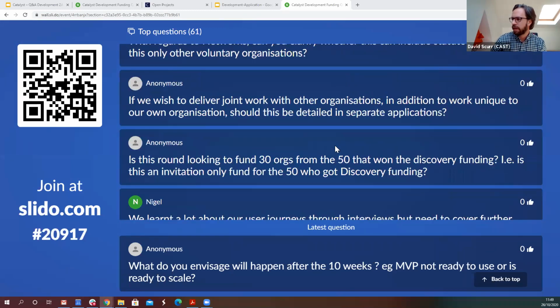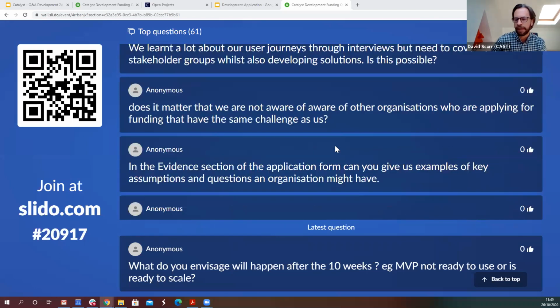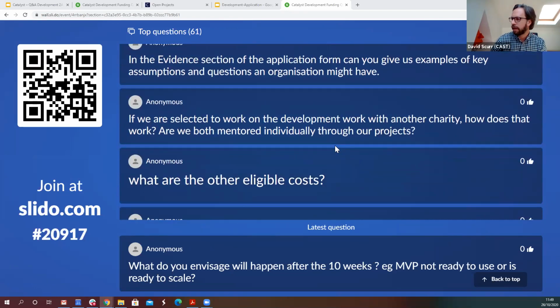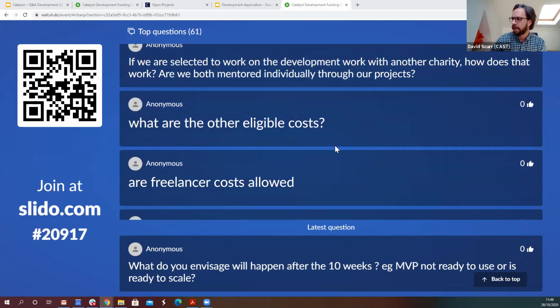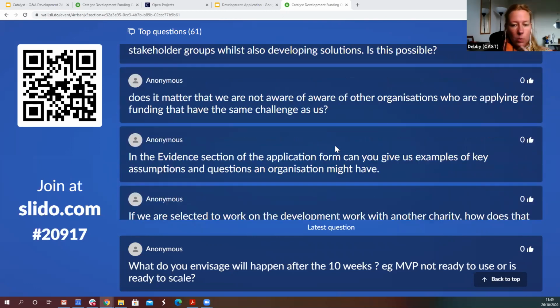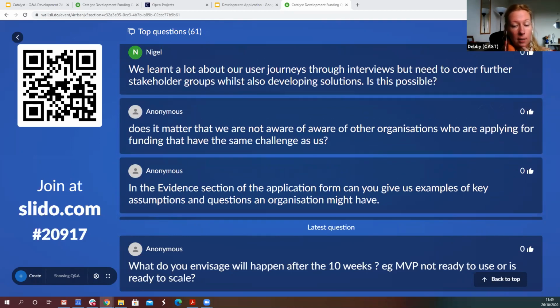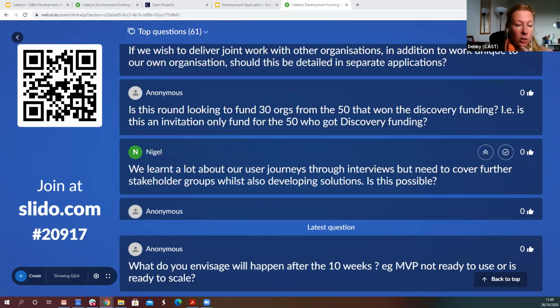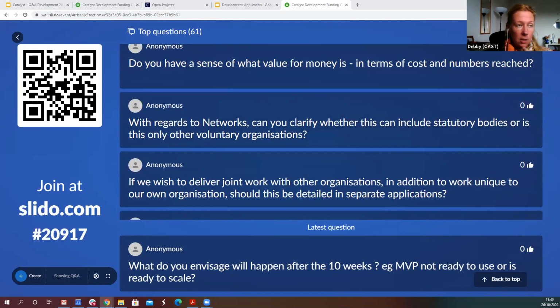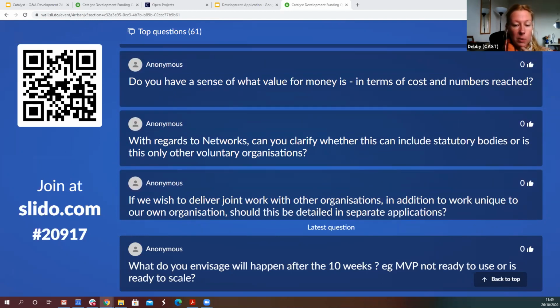I suggest we pick a couple more, Debbie, and then I'm aware we're running out of time. Yeah, there's one that I just want to touch on. Somebody posted a challenge about the open access and sharing, that anything developed is owned by CAST, and potentially head office might have objections to that.